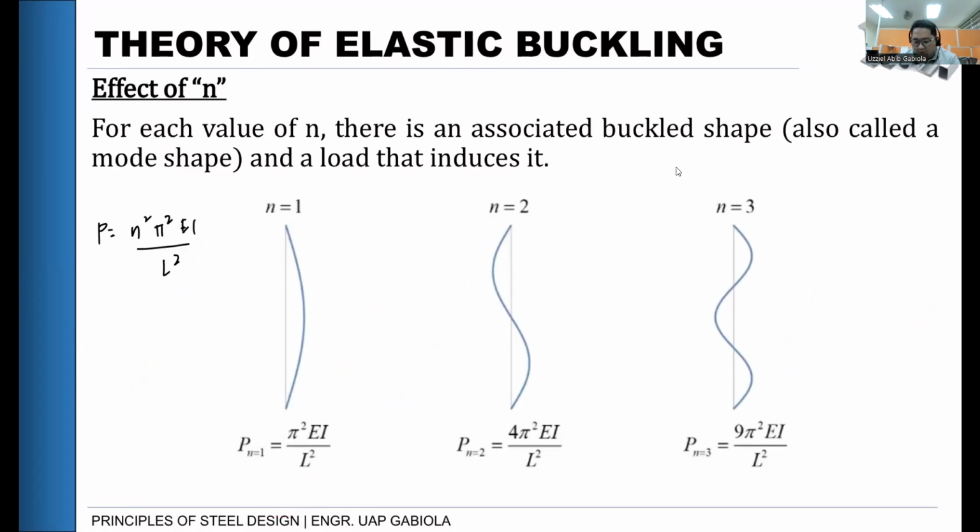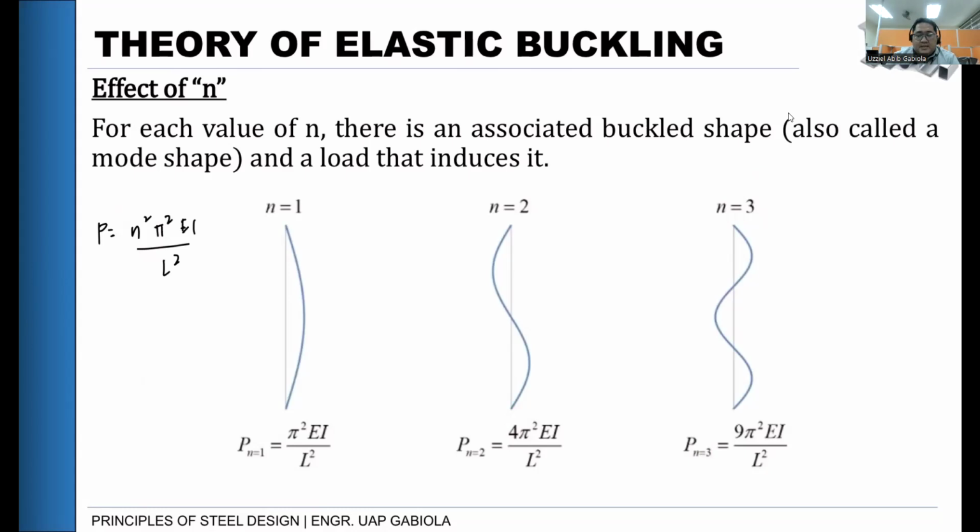Ito ay nagkaroon ng 4 kasi n is equals to 2, so 2 squared ay 4. Dito n equals to 3, 9 pi squared EI over L squared. Okay? So, alin dito sa tingin niyo yung mode shape na masasabi natin dapat critical na agad yung behavior ng column natin? Is it n is equals to 1, n equals to 2, or n equals to 3?